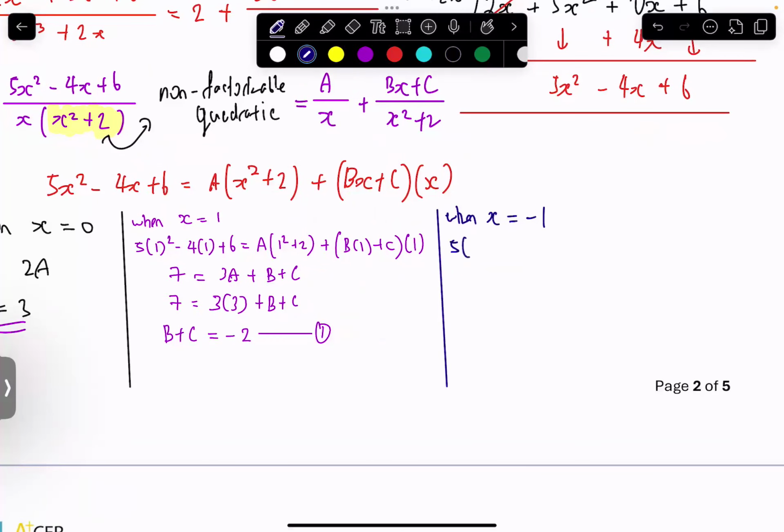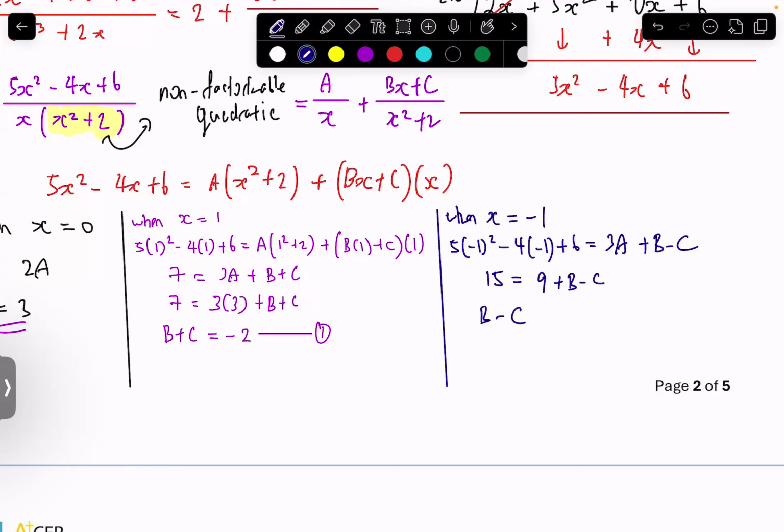So 5(negative 1 squared) minus 4(negative 1) plus 6 equals, same thing, we'll have 3A down here, but here we'll have plus B minus C. So here we'll have 5 plus 4 plus 6, which is 15, equal to 3A, which is actually just 9, plus B minus C. So B minus C is equal to 6, B equals C plus 6. That is my equation number 2.